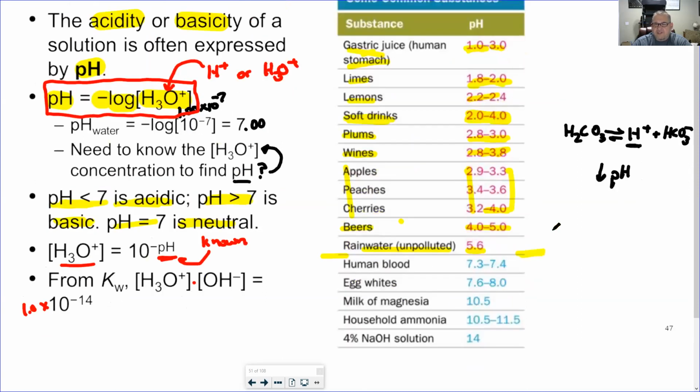Now, if we look at things that are basic, which are represented in the blue color, one of the important ones we need to understand is what's called physiological pH. What is the pH of human blood? Typically we say that number is close to 7.4. And that is actually a very good indicator of the health of a human being.